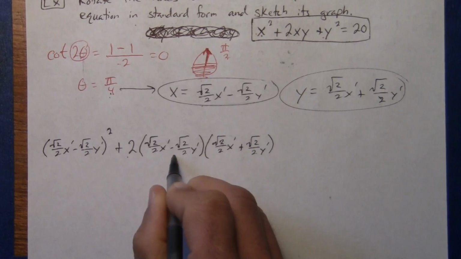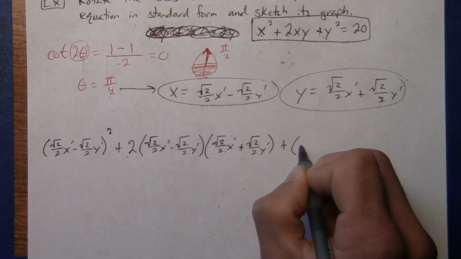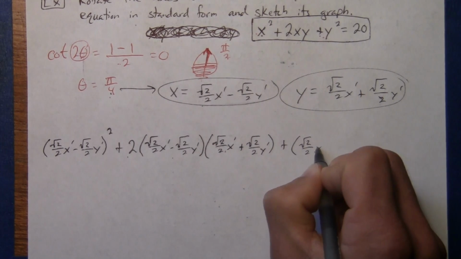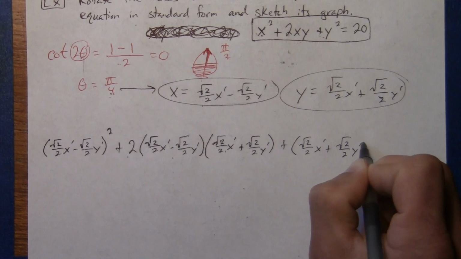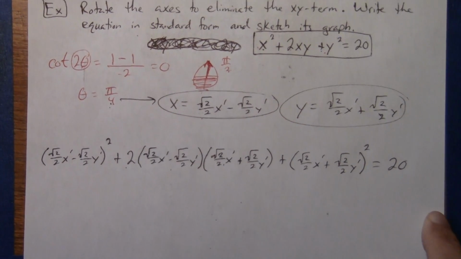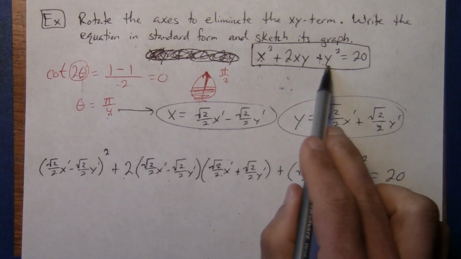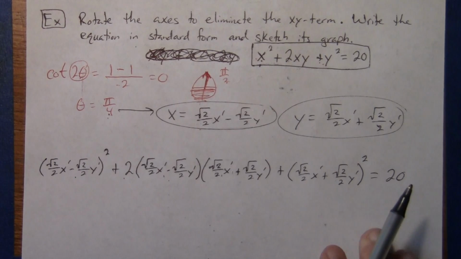So there's 2xy, and now I still have plus y squared, so square root of 2 over 2 x prime plus square root of 2 over 2 y prime squared equals 20. So using my substitutions, I have now rewritten this equation like this, where this is x, xy, y.